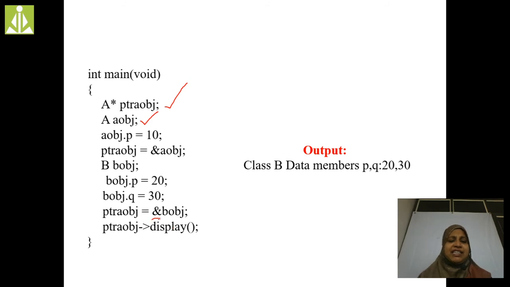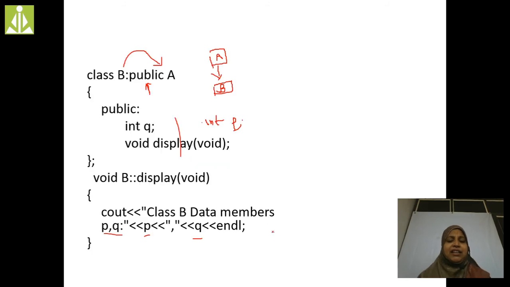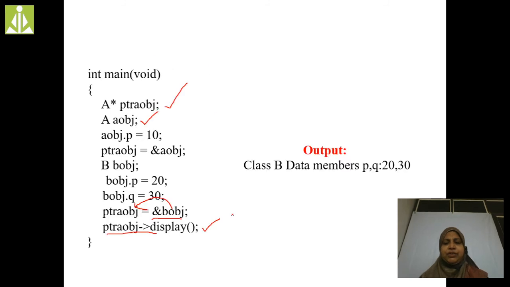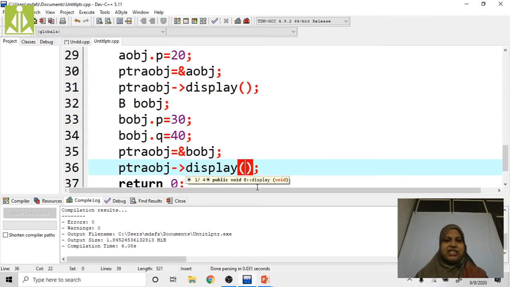Directly we can assign the B obj reference value to the pointer variable. By using this pointer variable we can call the display method. Whenever the compiler reads the display method, control directly transfers to class B data members p, q, and it displays the 20, 30 values. Now we will check with this one.